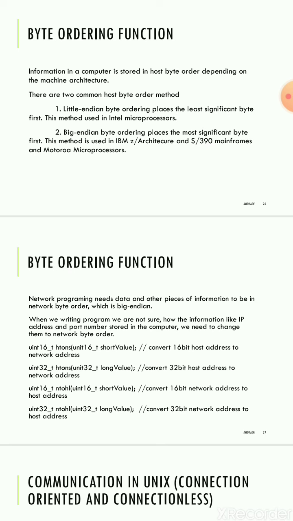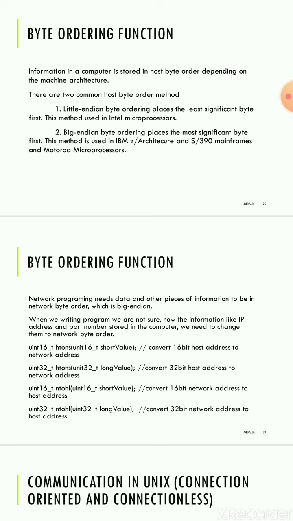The third function is memcmp, which compares two sets of bytes starting from pointer 1 and pointer 2. If the result is 0, they are equal. If less than 0, the first is smaller, and if greater than 0, the first is larger than the second. These are the three memory management functions we use.